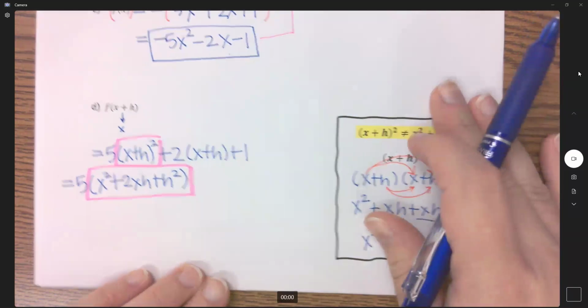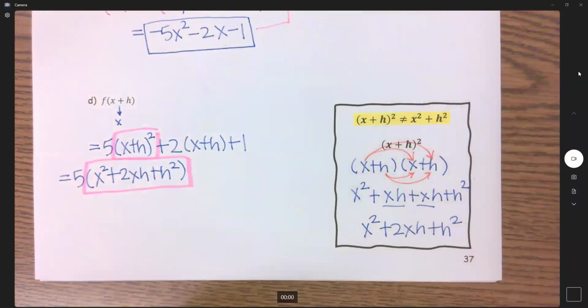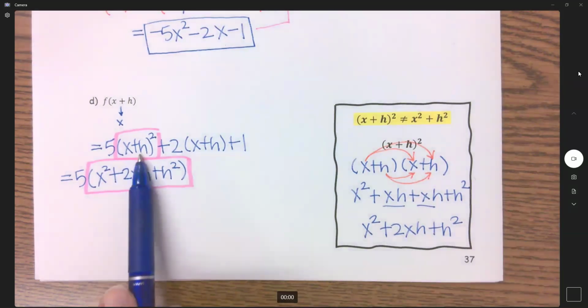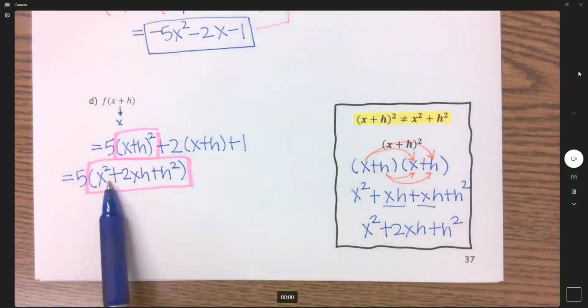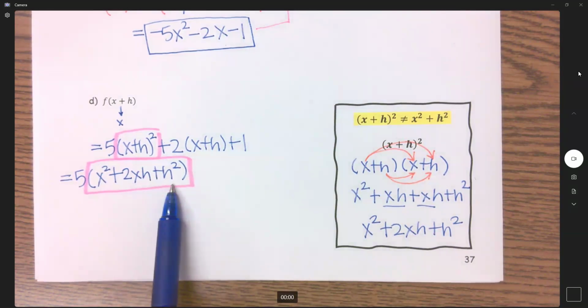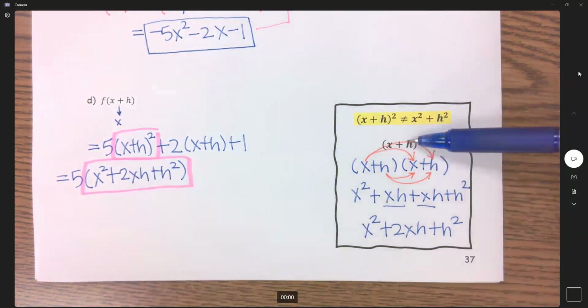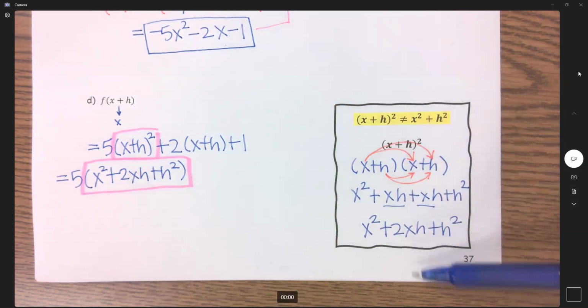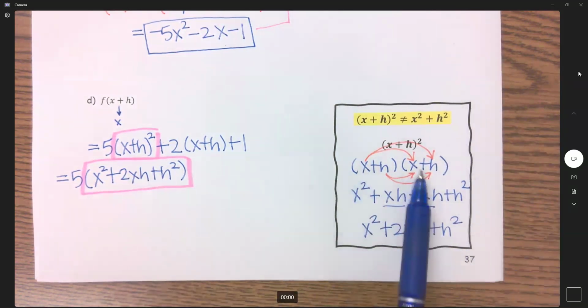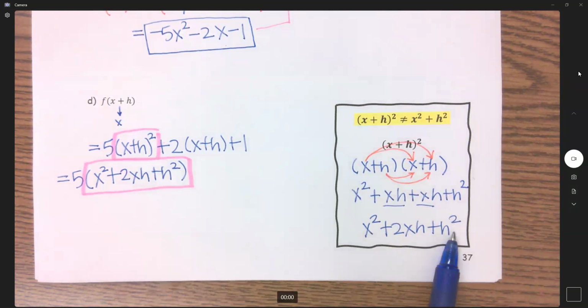For my students taking this online, you can use your notes, right? Not a big deal. For my students taking this on campus, you have 3 options. You can either memorize that (x plus h) quantity squared equals x squared plus 2xh plus h squared. You can memorize this process and come over here to the side and expand it out, FOIL it, and combine it.